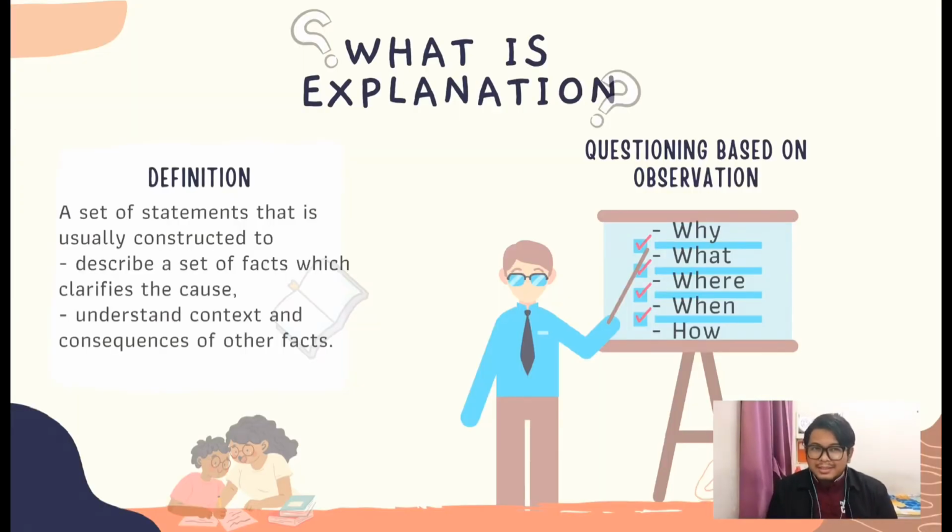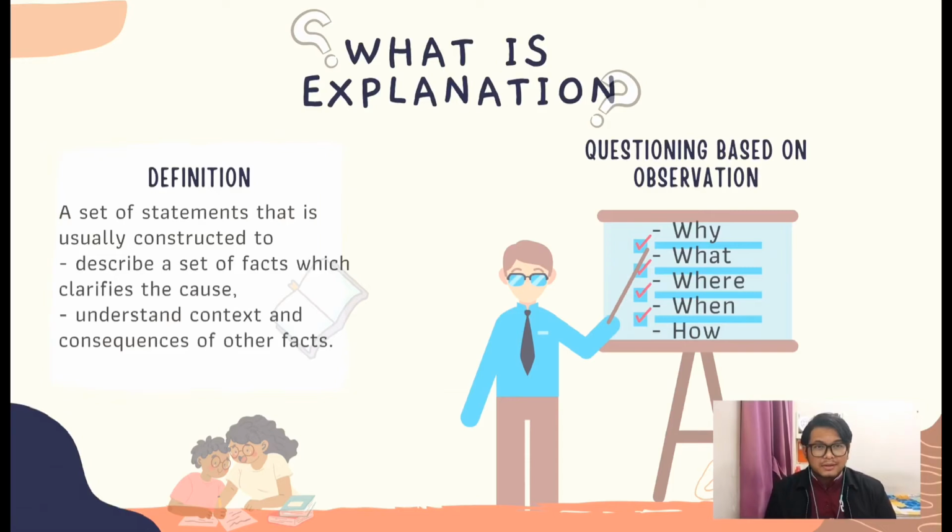So what is explanation? Explanation is defined by a set of statements that is usually constructed to describe a set of facts which clarifies the cause and understand context and consequences of other facts. So that is the simple definition of explanation, and we can actually develop an explanation.